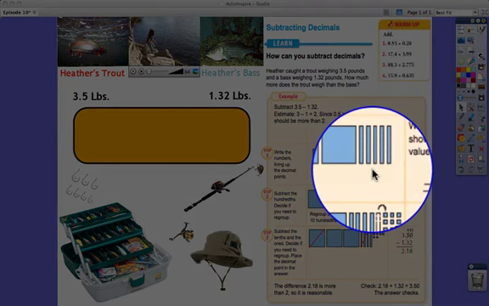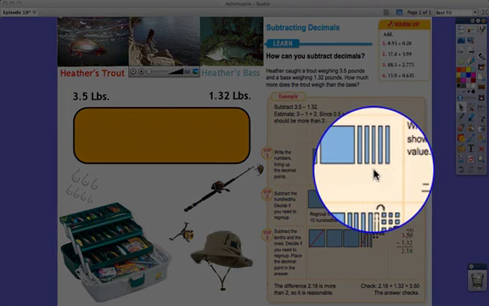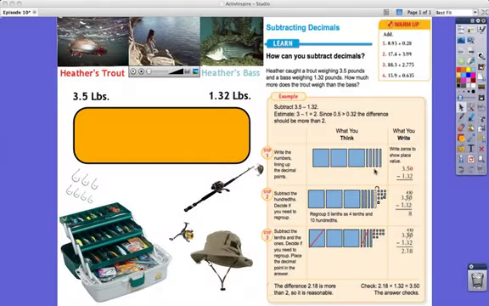In other words, we took 1 whole box and broke it up into 5 equal parts. Since the original problem said the trout weighed 3.5 pounds, we're going to need another whole box right here so we can break it up into halves. I'll show you how to do that a little bit later.